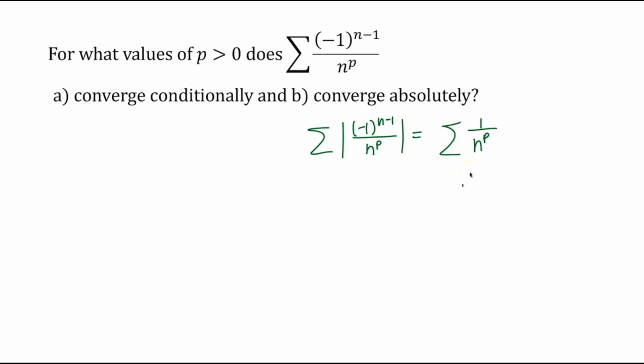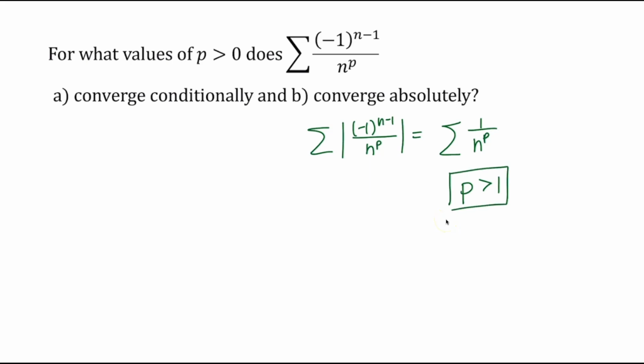Well, it's going to converge when p is greater than 1. So that means that when you substitute any value of p greater than 1 in here, this sum will converge. And that means that the original series will converge absolutely because we made the general term positive, and whatever makes that converge, those values will make the original series converge absolutely. So the set of values is values p greater than 1.